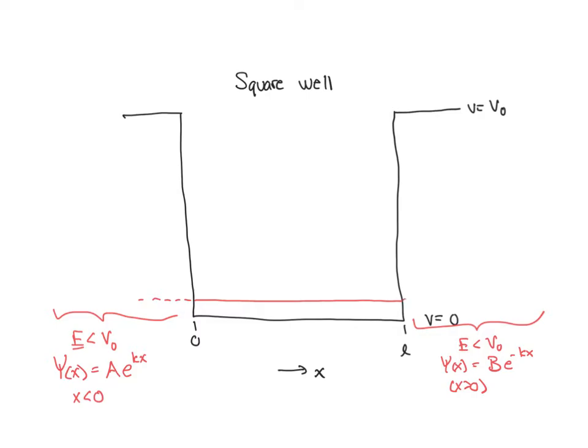So if this is my total energy, we expect this wave function to decay exponentially outside, and this one to decay exponentially like this outside. And then inside the box, we would expect to have wave functions that are very similar to the particle in a box wave function, because we have V equals 0, and we have energies that are greater than our potential energy. And so this first wave function, we would expect to look something like this.